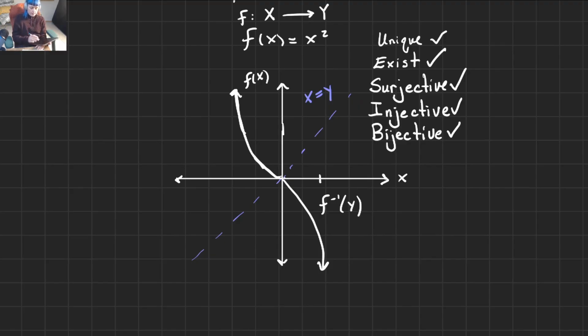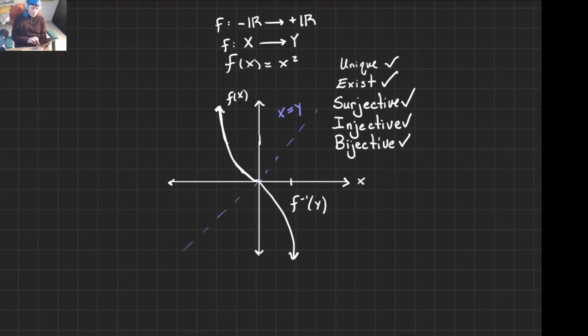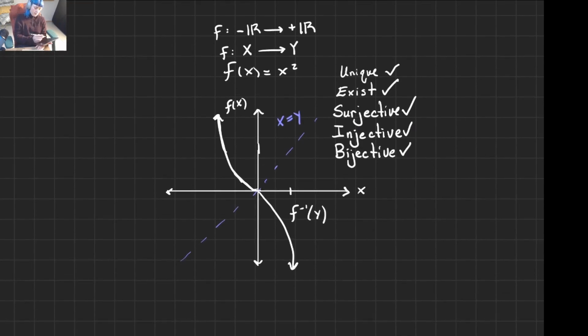So now x squared is bijective, and this is the function, this is the inverse function. But I've drawn the inverse function, but how would you solve for the inverse function?